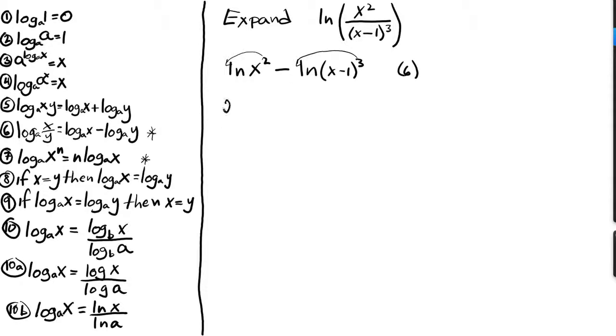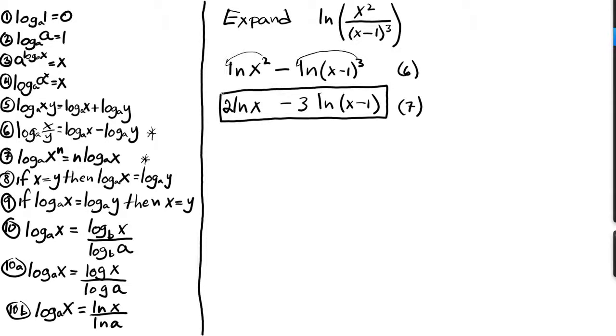So this is going to become 2 ln of x minus 3 ln of x minus 1, and I can do that because of Rule 7. Once I have no more multiplication, no more division, no more exponents, I've expanded my logarithm as far as I can, and that would be the expanded version of what I started with.